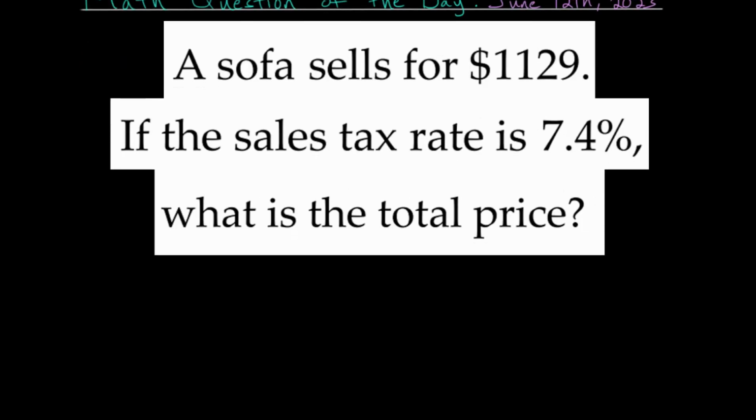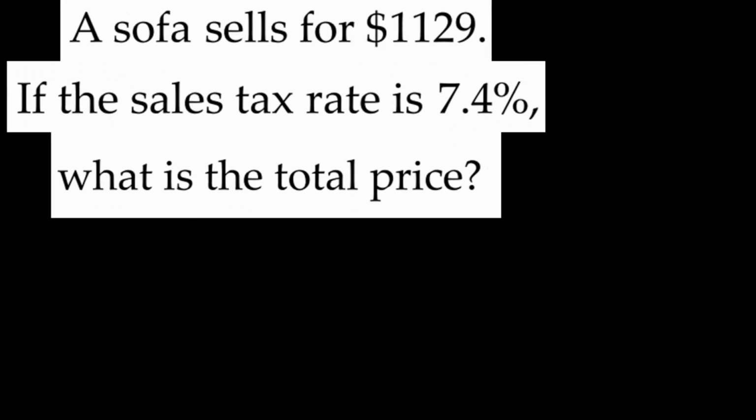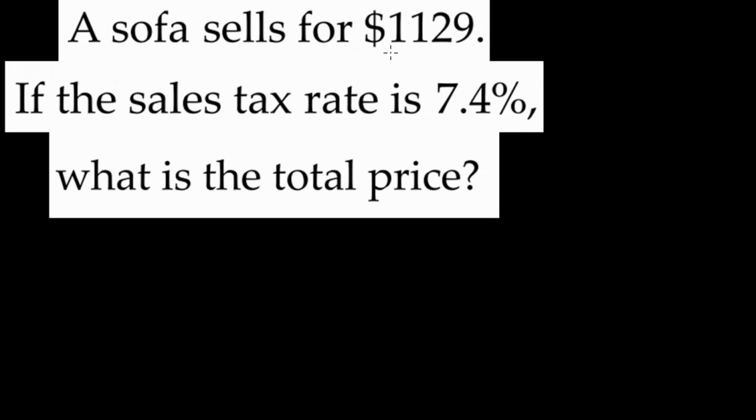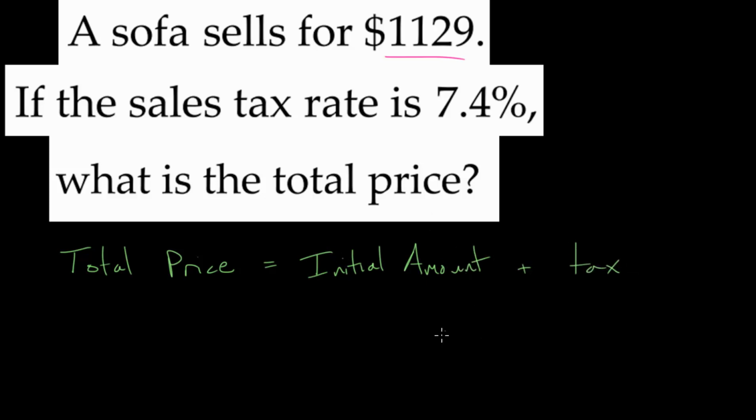Now, assuming that you have attempted the problem, let's start working through this. With sales tax, essentially we know that we have to pay the initial price for our sofa, but then we also have to pay a tax on that. So the total price is our initial amount, which is $1,129, and then we will add the tax to that.